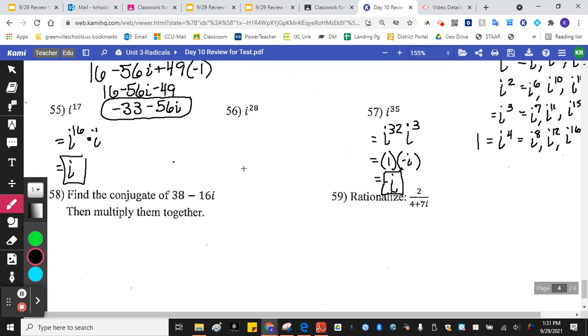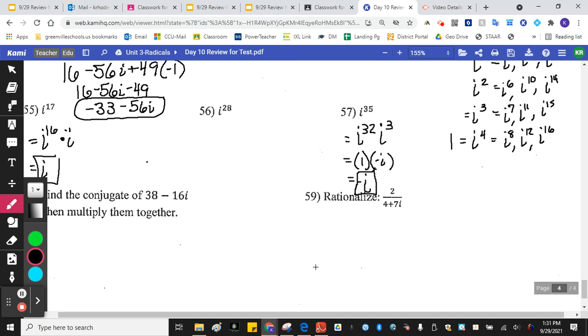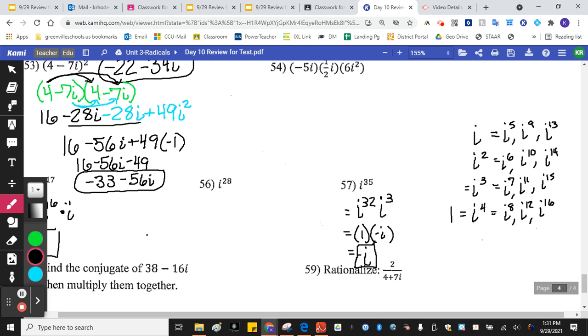On 59, to rationalize, you multiply the top and the bottom by the complex conjugate. So remember, the complex conjugate is the opposite sign of the imaginary part.